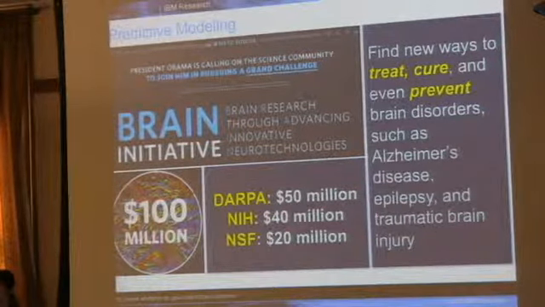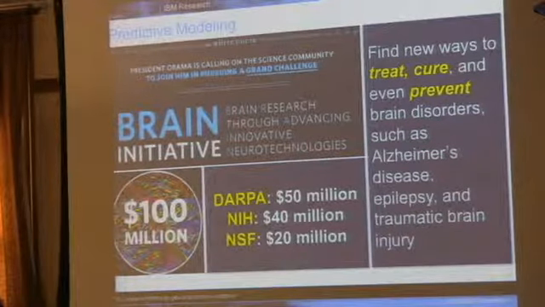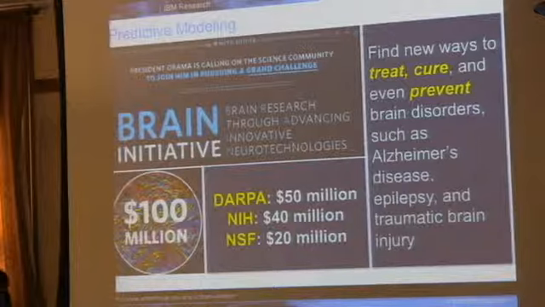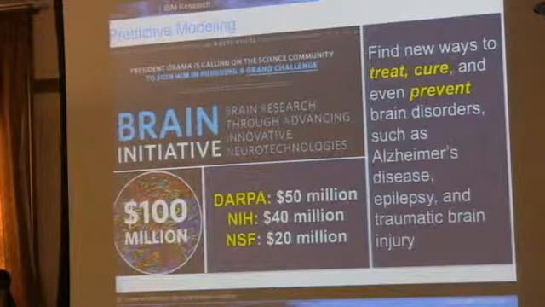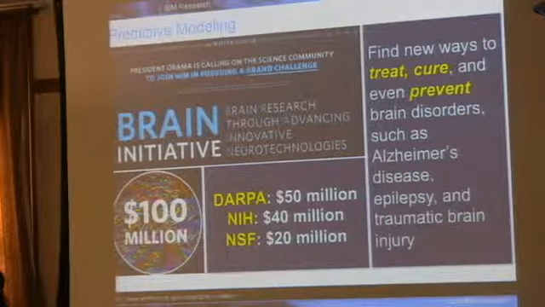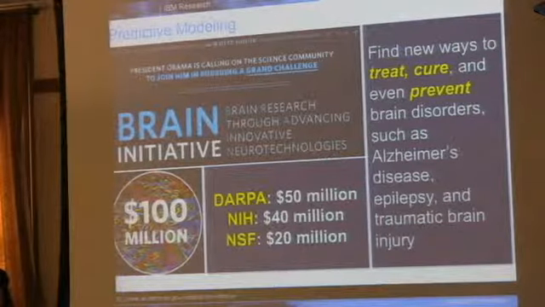The goal is to find new ways to treat, cure, and even prevent brain disorders such as Alzheimer's disease, epilepsy, and traumatic brain injury. These are all good examples of predictive modeling tasks in the healthcare field.